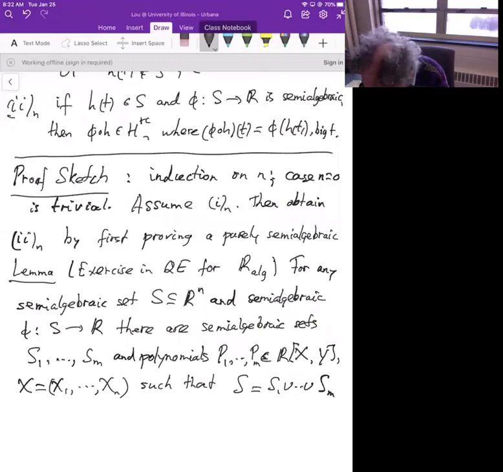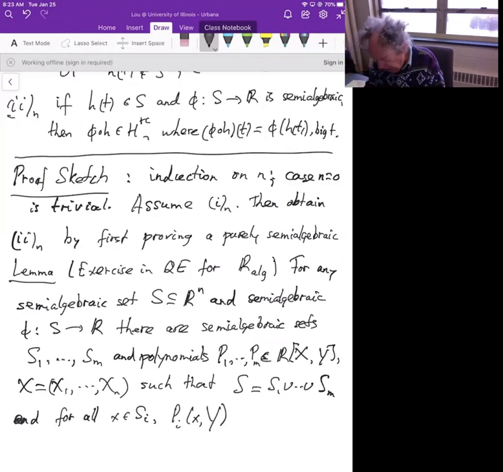But I have to be a little bit more precise here, and for all x in Si, two things. Pi, the ith polynomial, will be, if I plug in a point from Si for the x variables, I get a non-zero polynomial. That's important. And Pi(x, phi(x)) is 0.